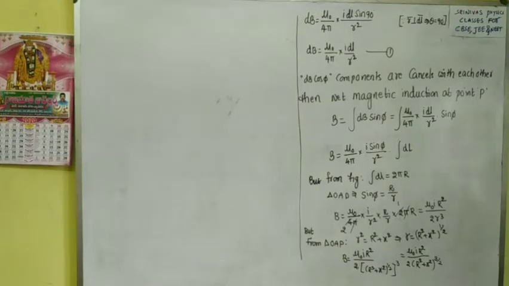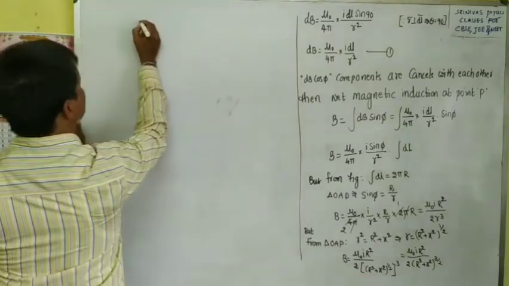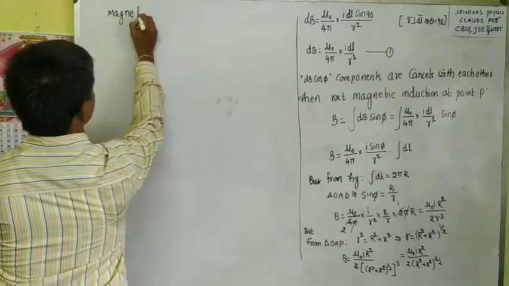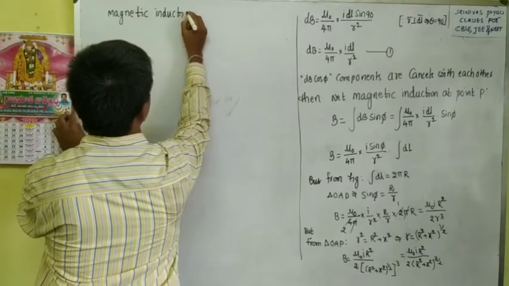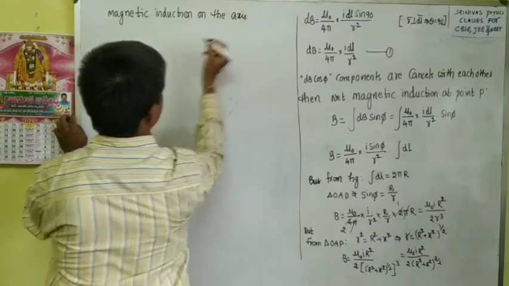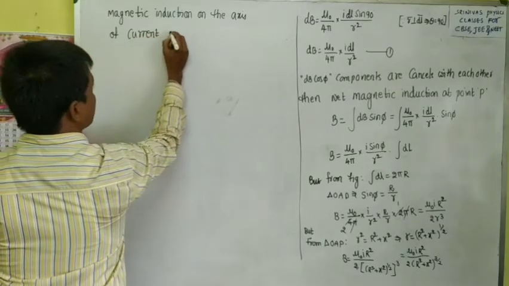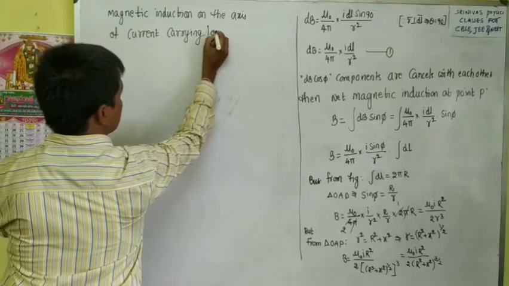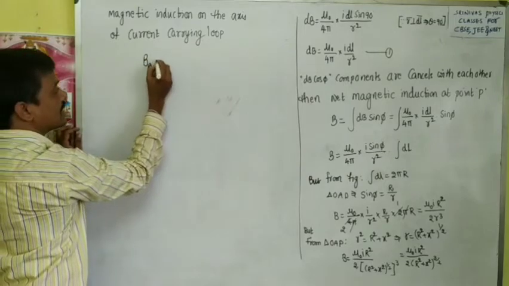Okay, let us continue now. That is the final formula you got here, magnetic induction on the axis. Right, the formula is magnetic induction on the axis of current carrying loop, that we take as B suffix A, magnetic induction on the axis.